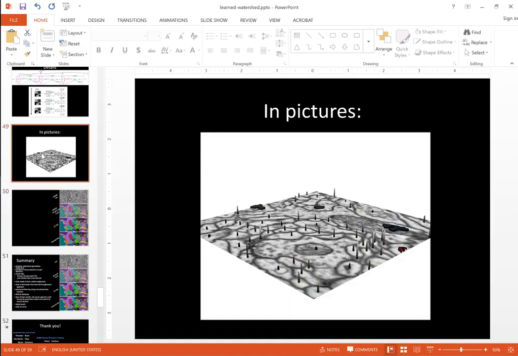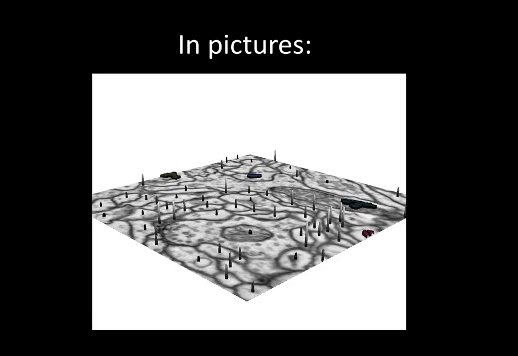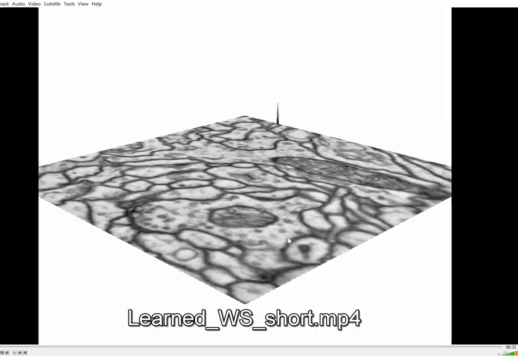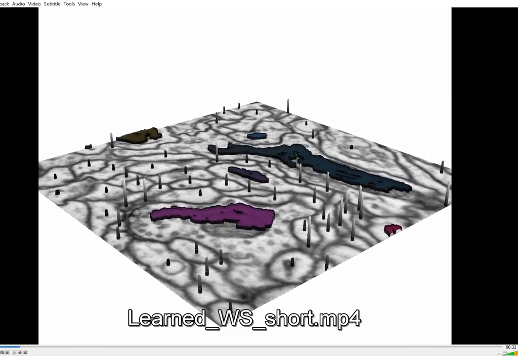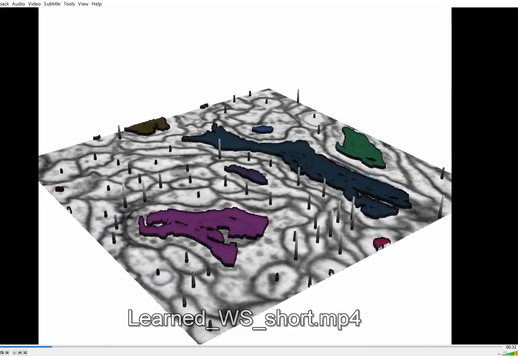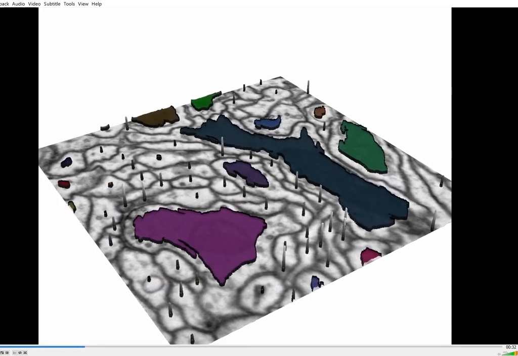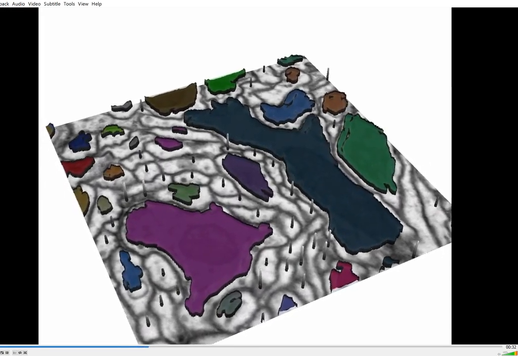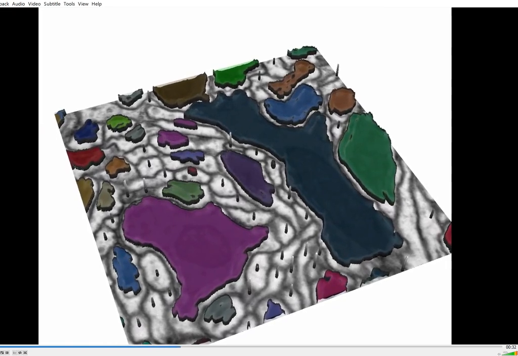This was published at the last ICCV last fall, and I want to show you what this looks like. So the needles are the seeds, and this is how the algorithm explores the space.